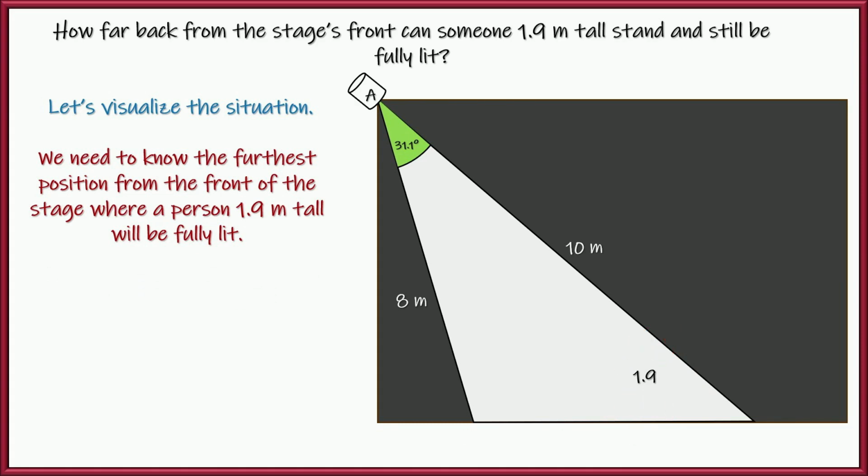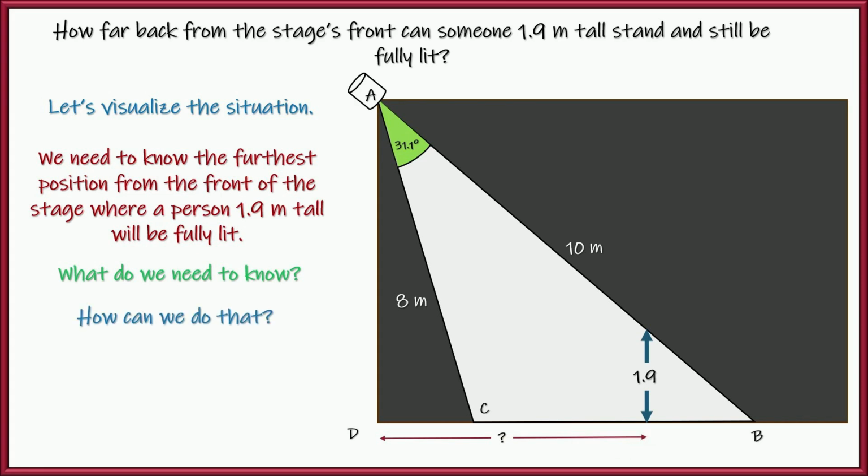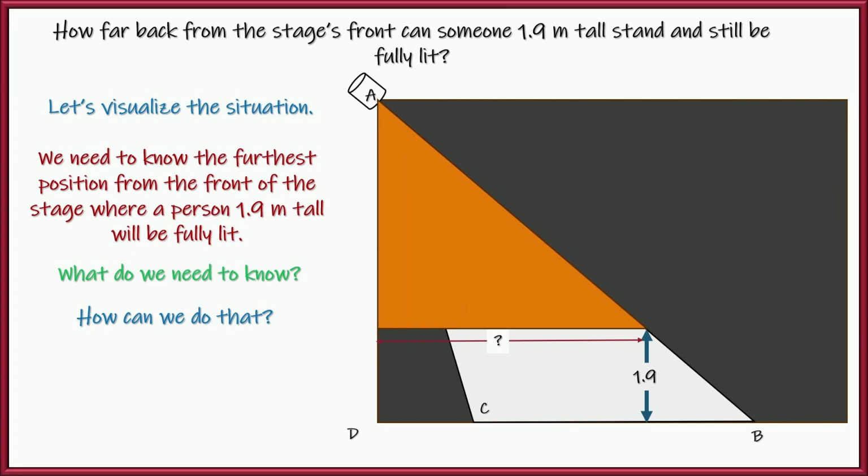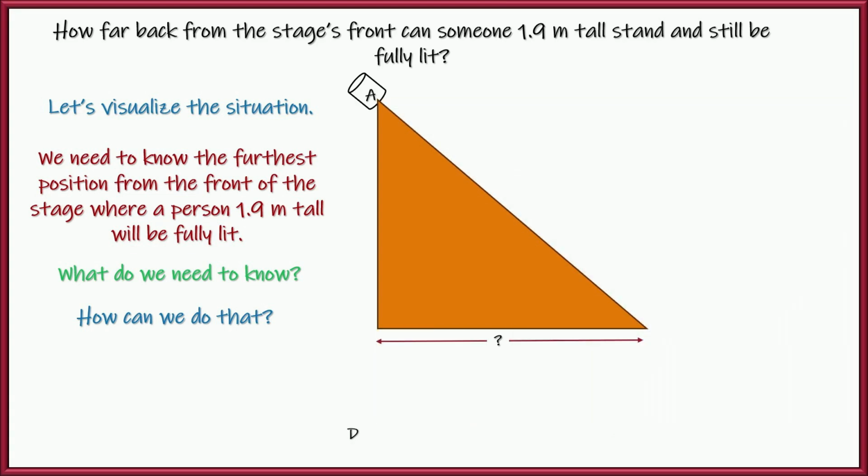The thing we've got to know is the distance from the front of the stage, D, to this point right here. The way we can do that, well, I've got a couple of different ideas. I've done this problem in a few different ways, and I thought I'd share with you this way. I'm going to create this little triangle you see in orange, and the distance from the stage to this point right here is the distance we need. If I take that out of context, we're going to explore this triangle.